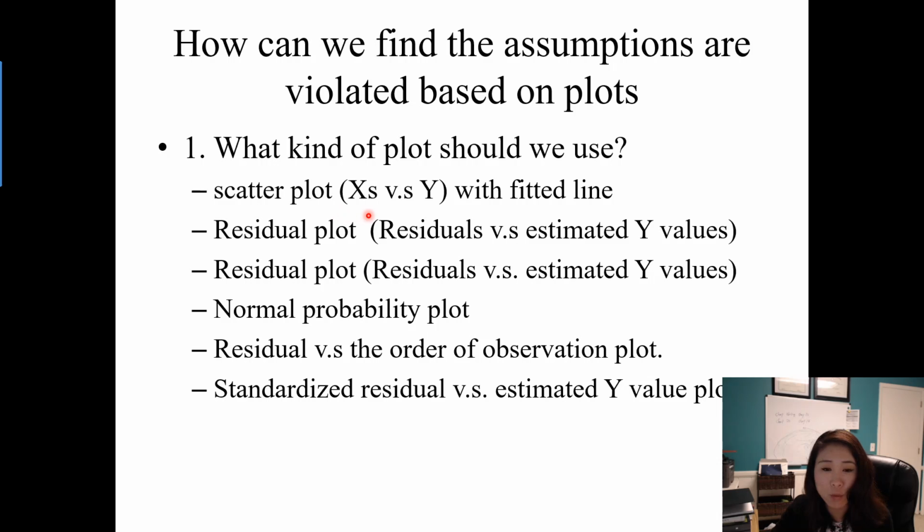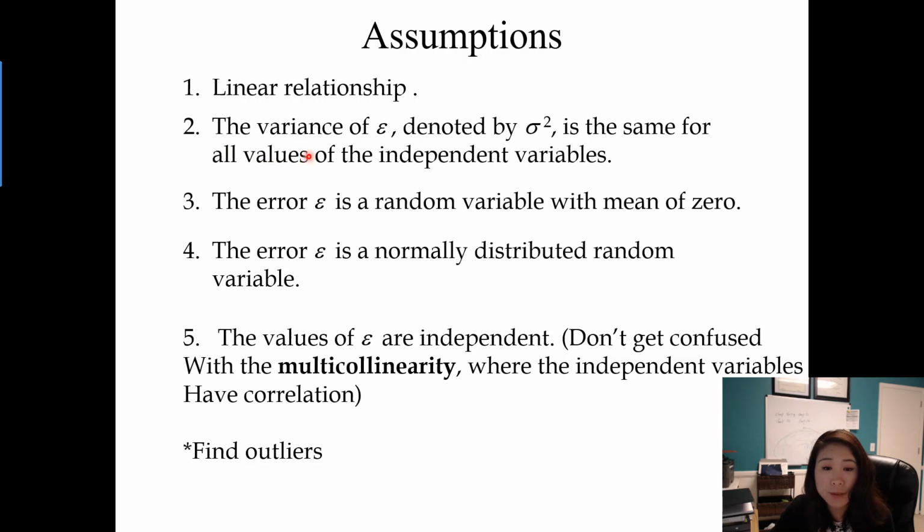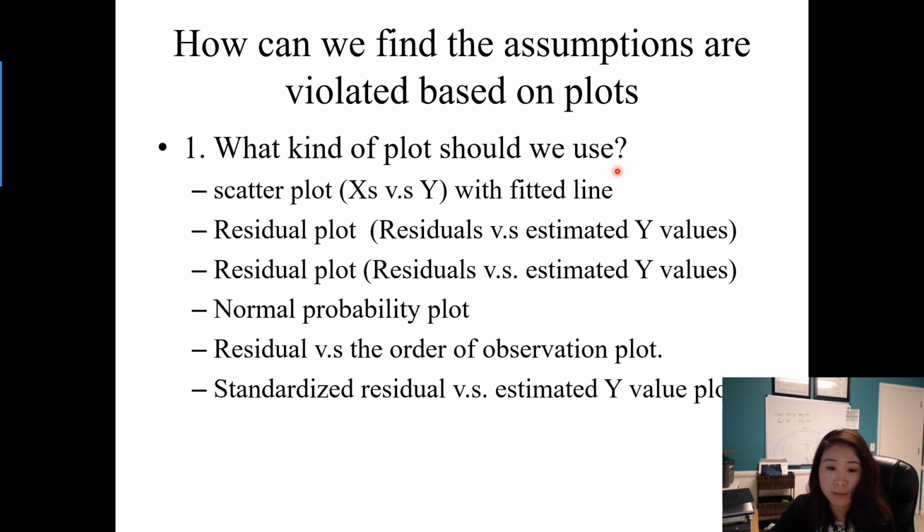That is the one you should use to test if a linear relationship holds or not. The second assumption is that the variance of the residual is the same for all values of the independent variable. The chart we use is called a residual plot.